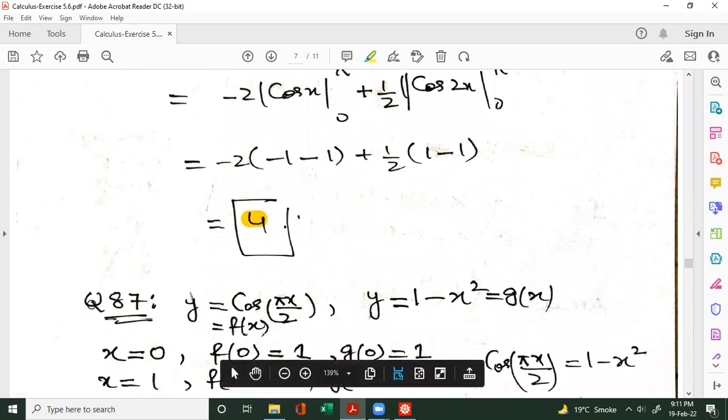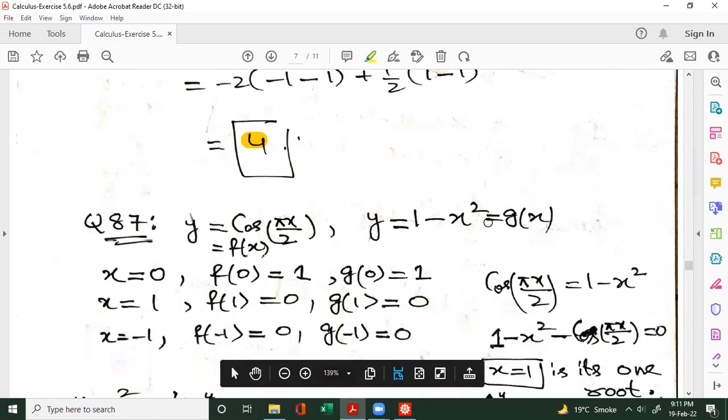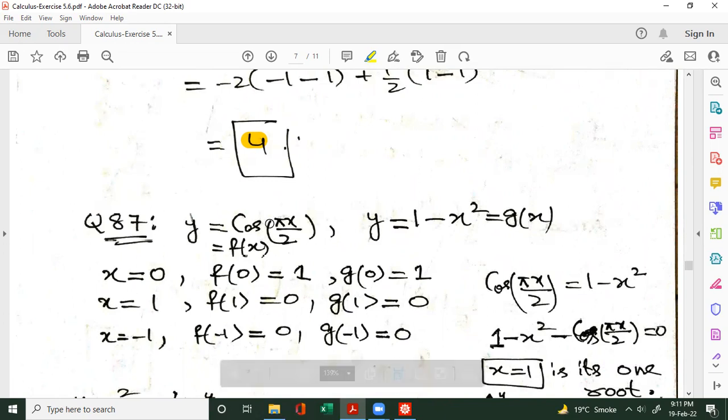So please come to question number 87. Here the two curves are given, but the values of x are not given. So I just randomly put x equal to 0 in the first function. The first function gives me 1, and the second function also gives me 1. That indicates that at x equal to 0, these two curves intersect.